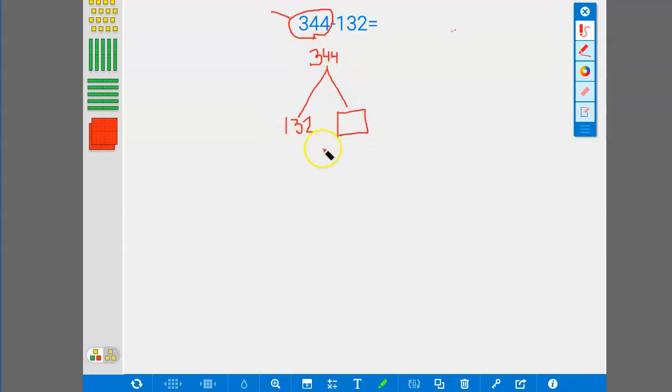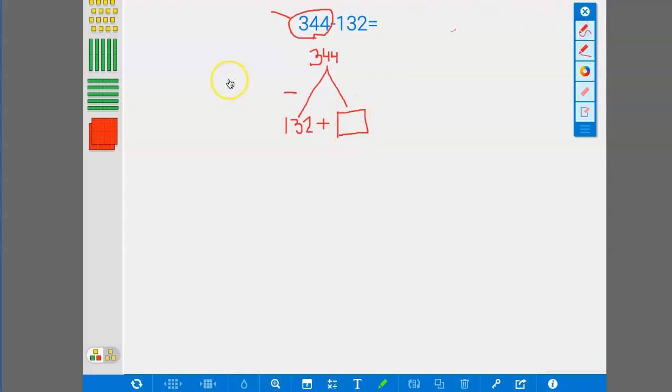So when you put it in math mountain form, you can see that if you add 132 plus blank, that equals the total 344. Or if you just subtract by saying 344 minus 132, you will find this missing add-in. Love the math mountain because it makes it really clear what we're looking for. And you can see we are looking for the missing add-in.